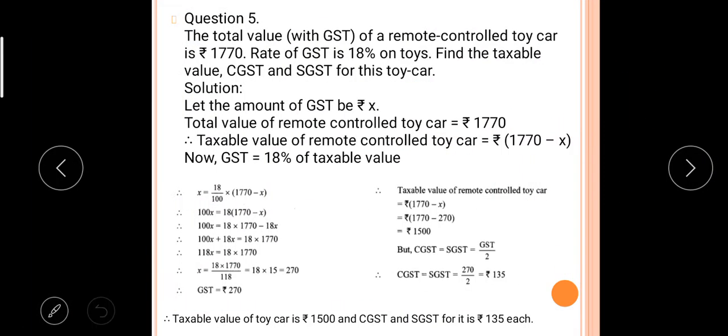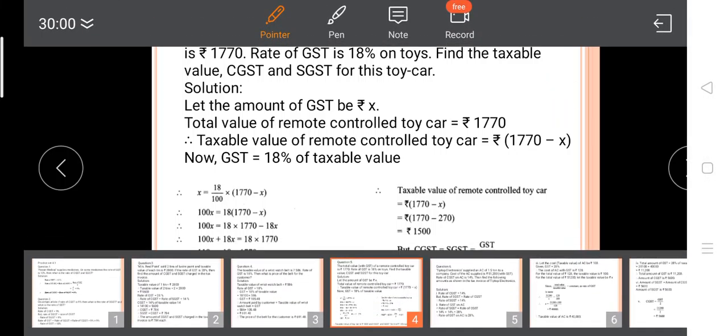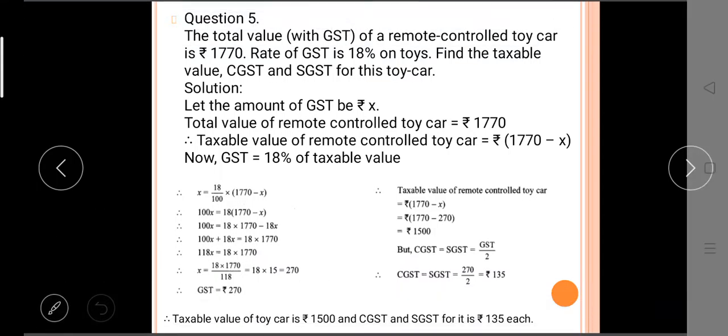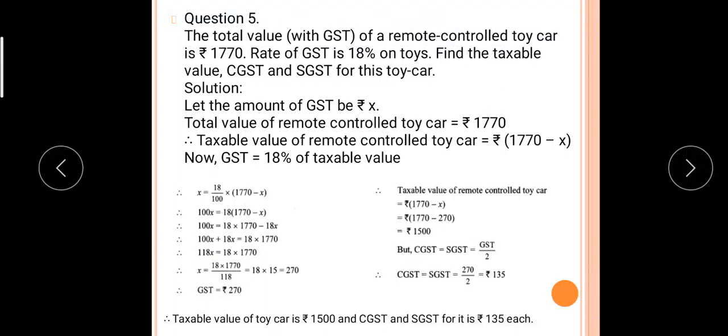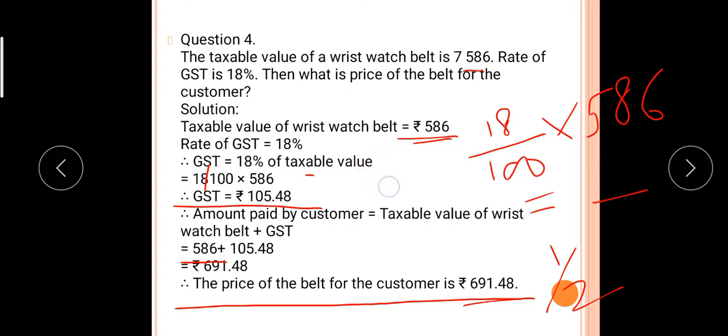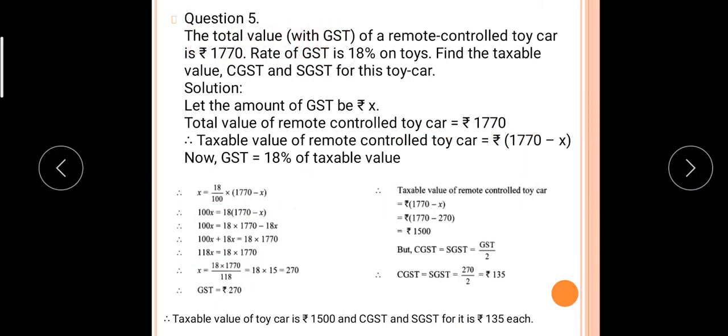Next. So this question number 5 is also very simple. The total value with GST of a remote controlled toy car is. Now here listen, taxable value means without tax and total value means with tax. Okay, don't be confused. Sometimes it is mentioned, sometimes it is not mentioned in a question.